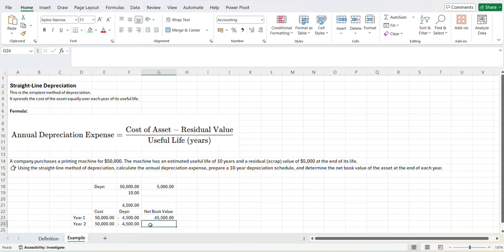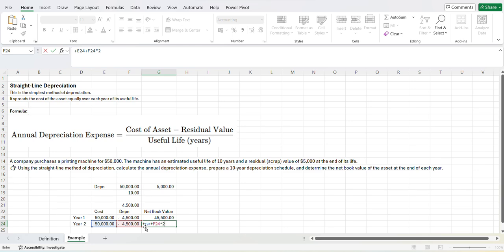But now to find the net book value, it will be the cost minus, open brackets, this cost minus depreciation times 2.